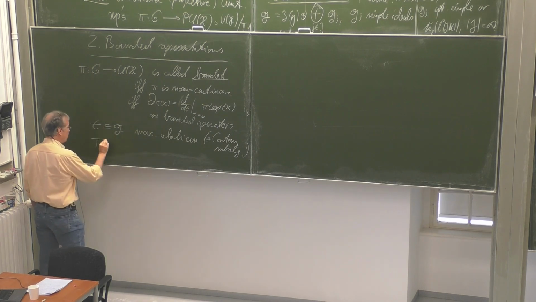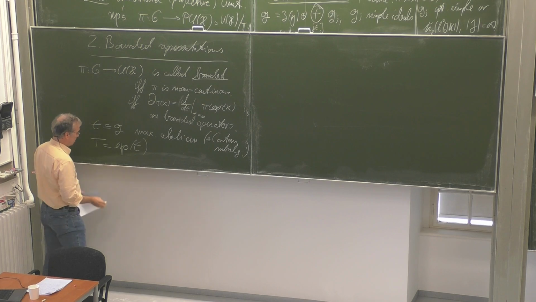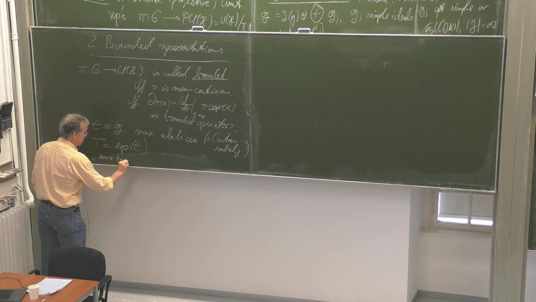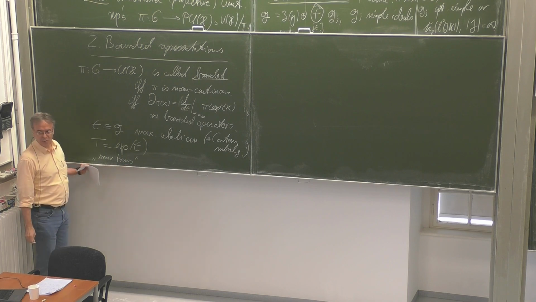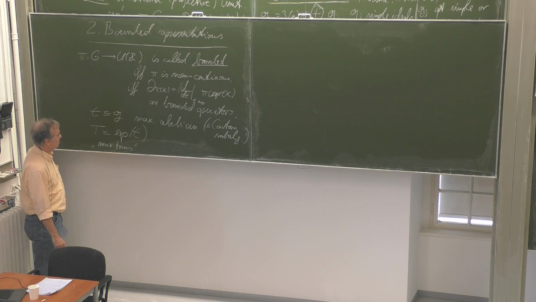Okay, and then the replacement for a maximal torus. I mean, you could call it a maximal torus, but it could be a little bit misleading depending on the context.